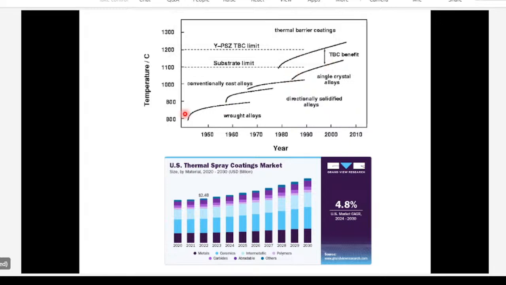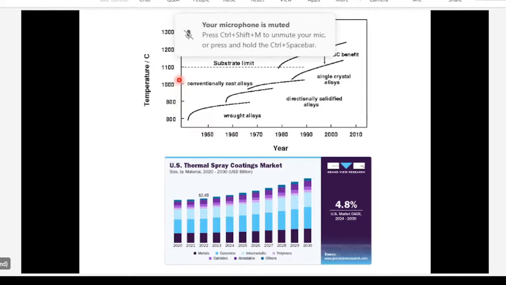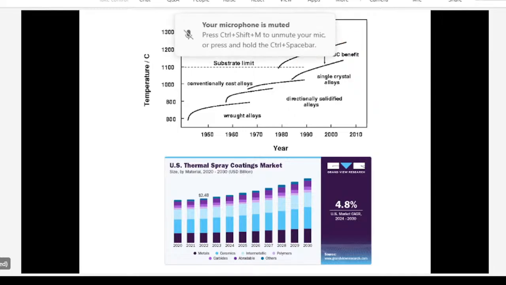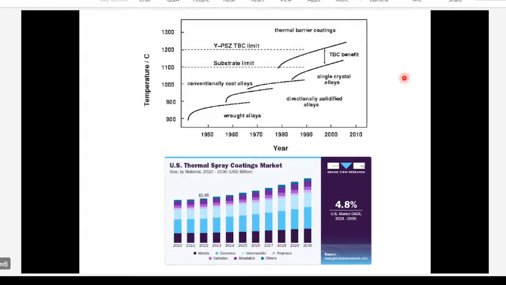So with these innovations, the temperature capability of the engine kept on going up. And these single crystal alloys are now thermal spray coated by thermal barrier coatings. So again, there is a step up jump in higher temperature capabilities. So this is where technology is right now. So thermal barrier coatings have given a lot of advantage in terms of improved engine power and efficiency.